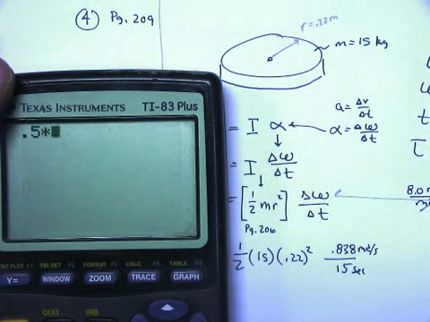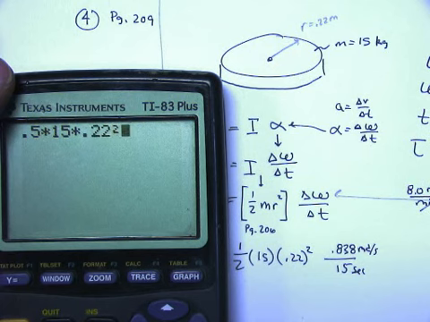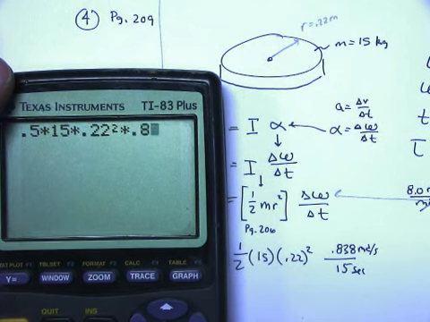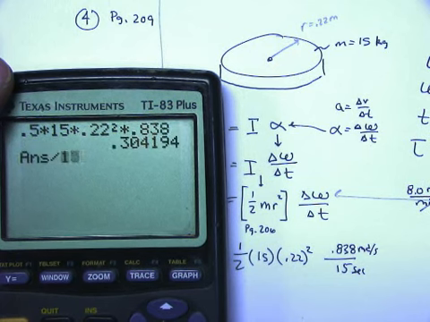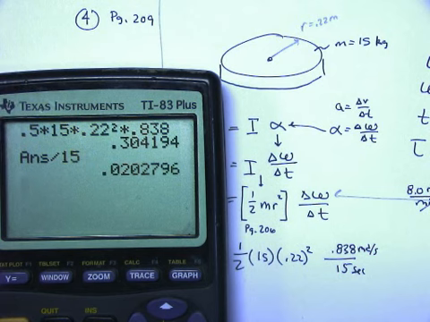I'll take 0.5 times 15 times 0.22 squared times 0.838, and I'll divide by 15, and I get 0.02 Newton meters.